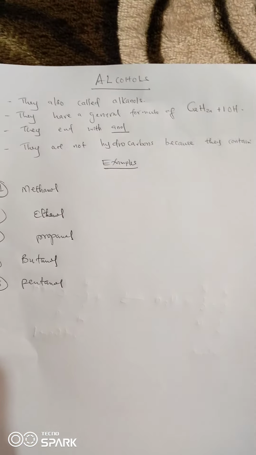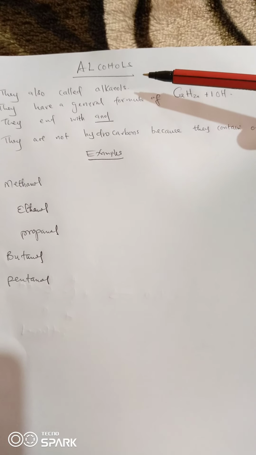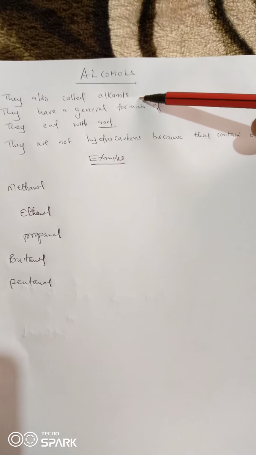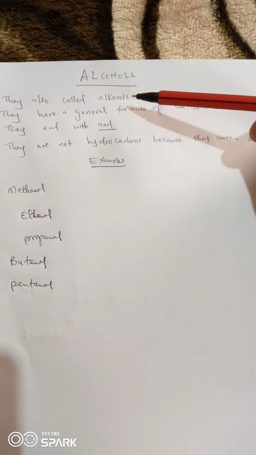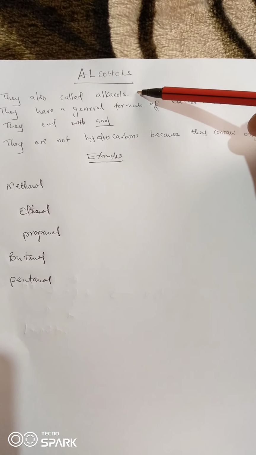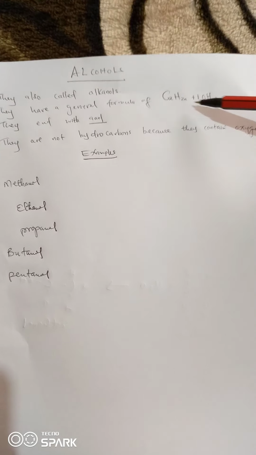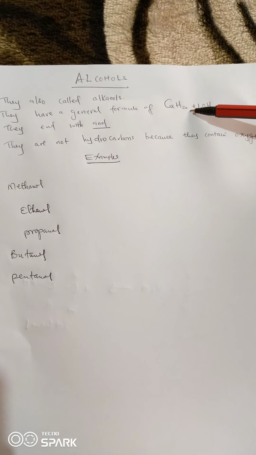So now we want to look at these characteristics of alcohols. For example, they are also known as alkanols. Why? Because they end in OL. They have the general formula. This is the general formula that they have.